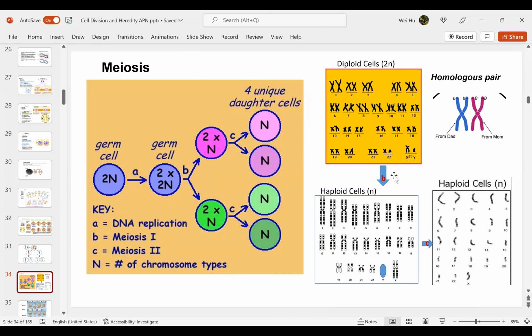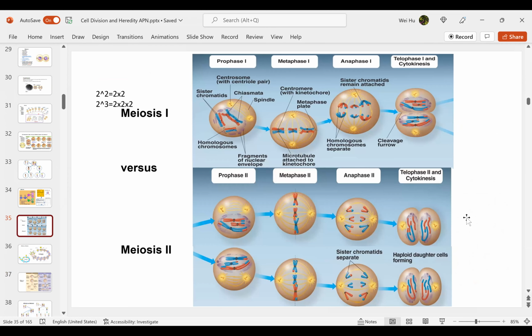Okay, so you can see how the chromosomes change. So this is when they divide once, so they become haploid cells. Then they divide a second time, still haploid cells. Okay, so that's the picture illustration.